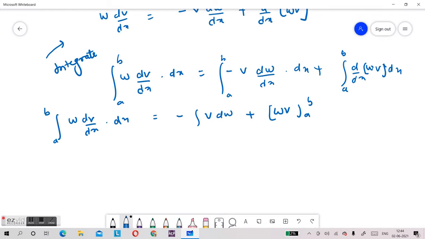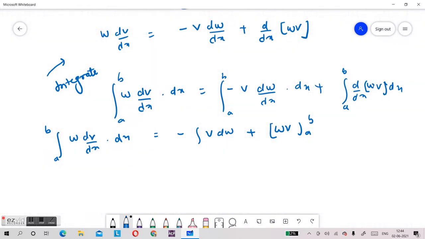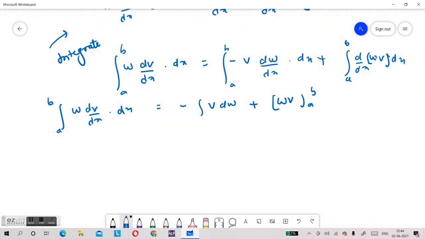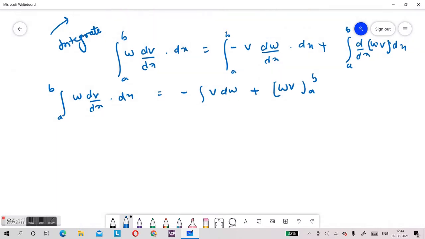So what we are doing here is shifting the differentiability. Here the function v had the d/dx term, and we shift its differentiability to w.